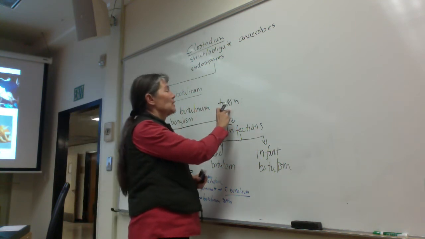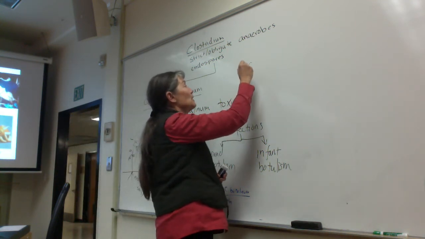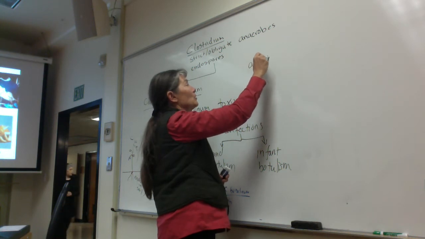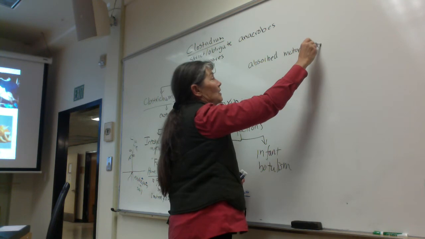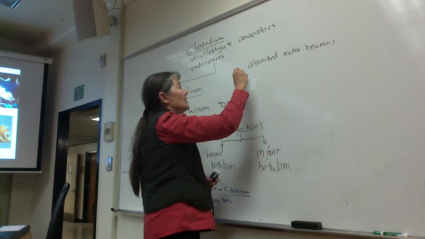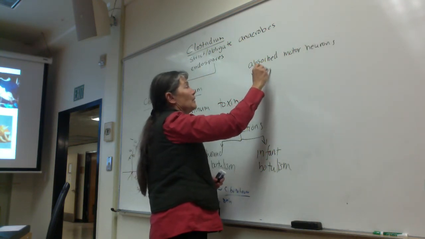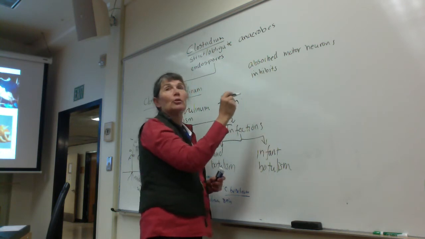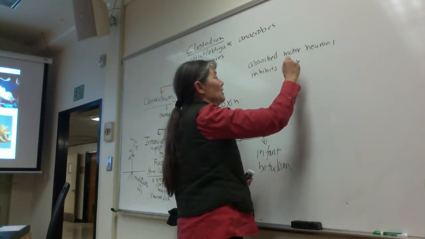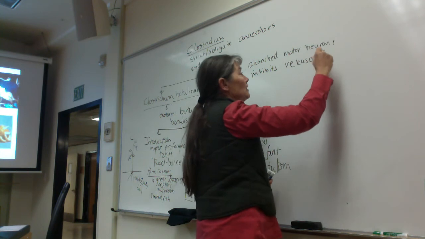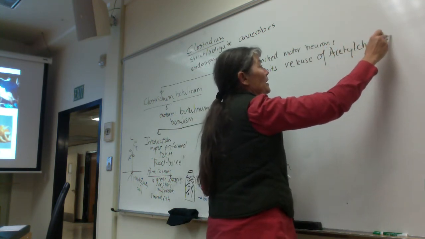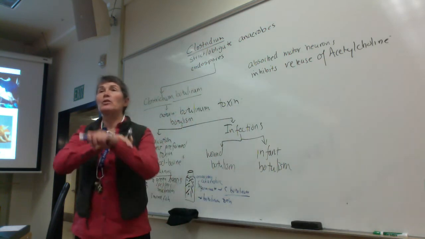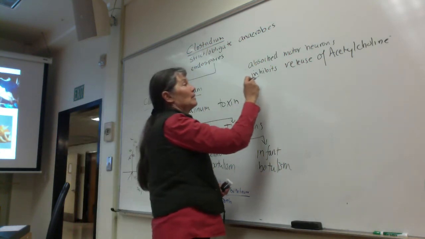What the botulinum toxin does is it gets absorbed into the motor neurons. And it inhibits the release of a chemical messenger, a neurotransmitter called acetylcholine, specifically at the place where the motor neurons innervate our skeletal muscles.